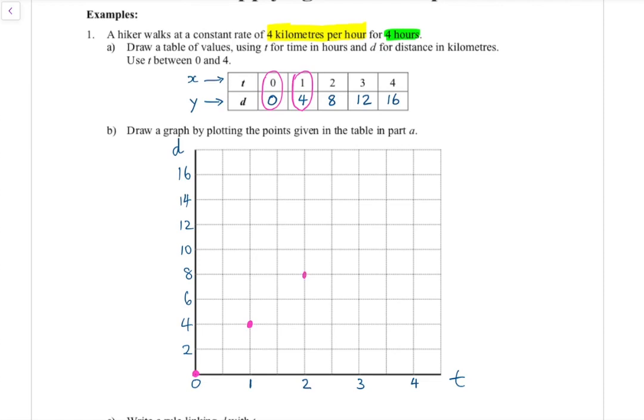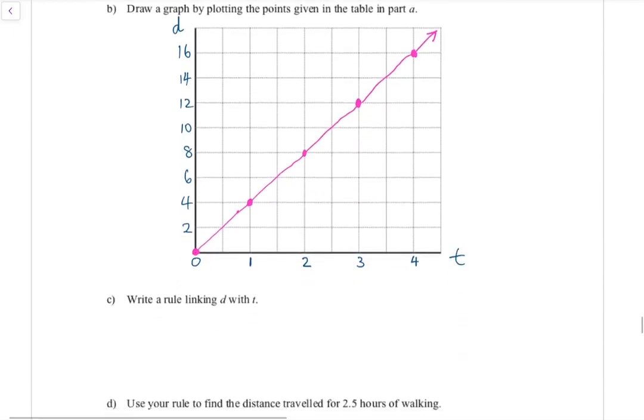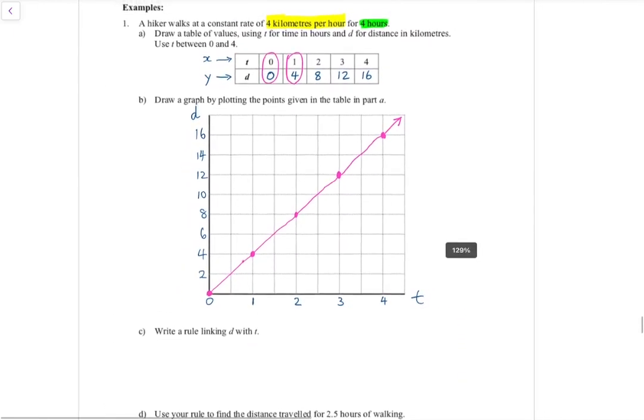After 3 hours, we're up at 12 kilometres. After 4 hours, we're up at 16 kilometres, and then I will join them. And there's my graph. Now, let's just shrink that a bit.